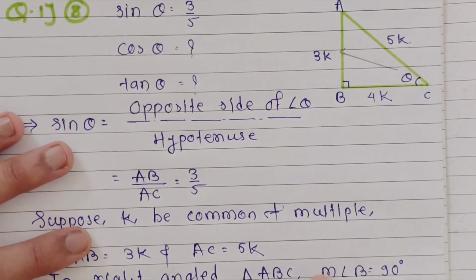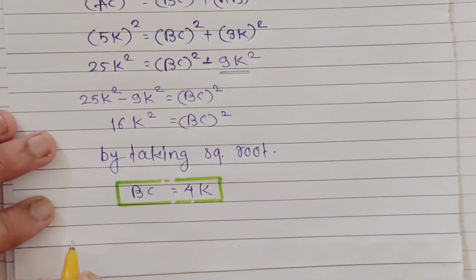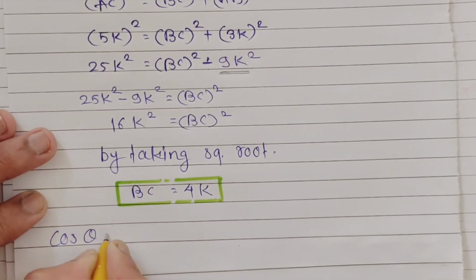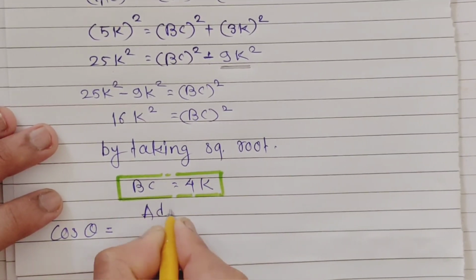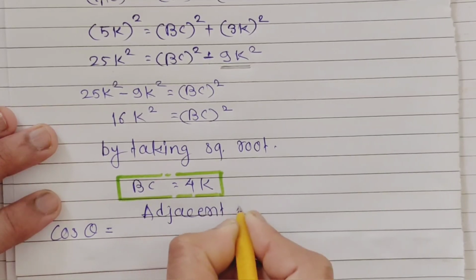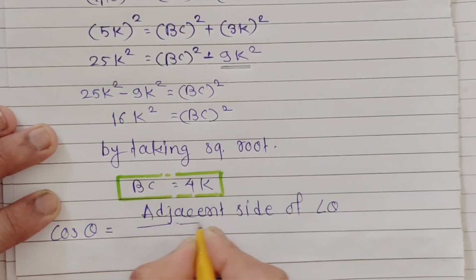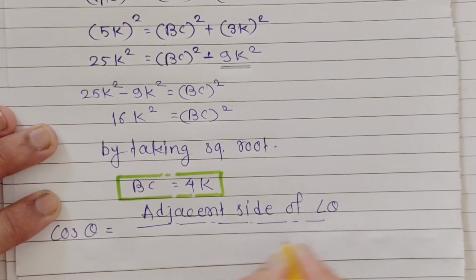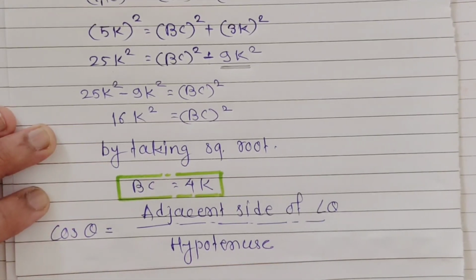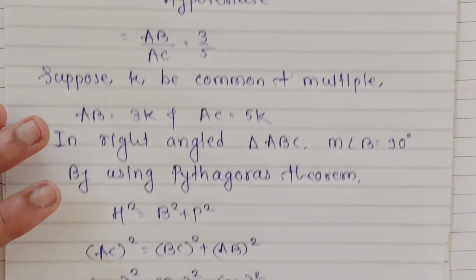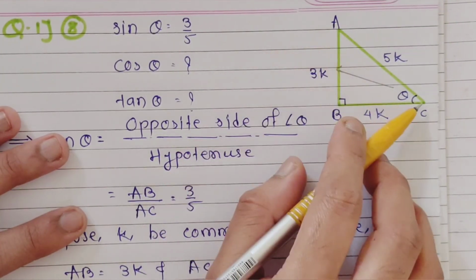So first we have to find out cos theta, then tan theta. So first one, cos theta. We know the cos ratio. Cos ratio is equal to adjacent side of angle theta upon hypotenuse. So the adjacent side of angle theta, let me see here, BC is the adjacent side upon hypotenuse, that means AC is the hypotenuse.